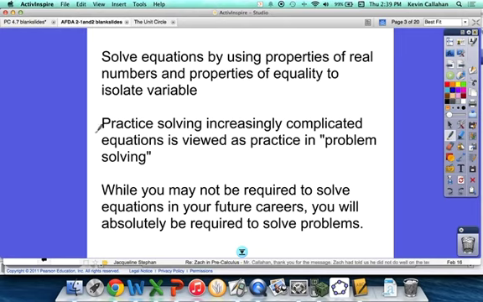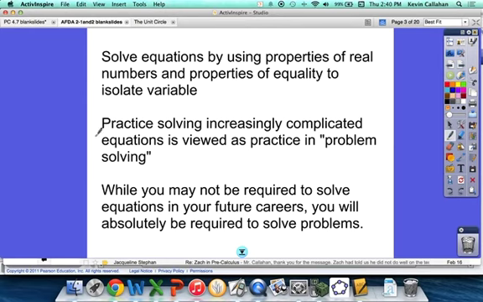Besides being specific practice in how to solve equations in math, this is supposed to be an exercise in problem solving. And you may not use math beyond the bare minimum in your life. But if you aspire to have any kind of meaningful job, you are definitely going to have to solve problems.